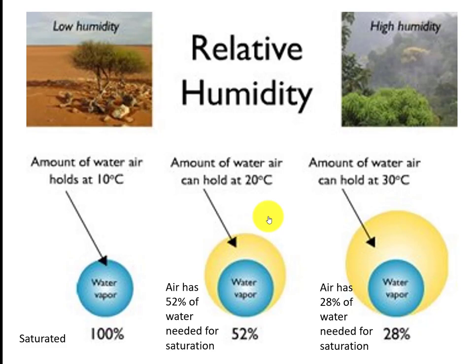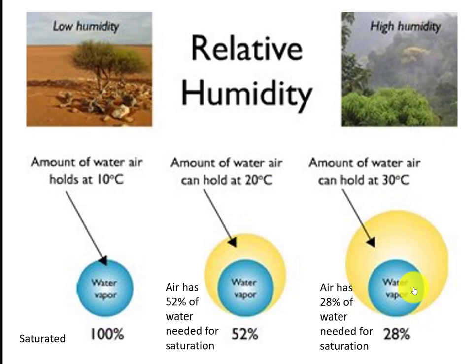This is representing that air changes how much water it can hold, and that corresponds to temperature. So there's a direct relationship. Higher temperatures, this example here is 30 degrees Celsius, can hold more water before they get to saturation than lower temperatures.